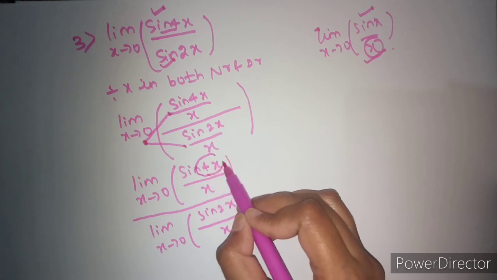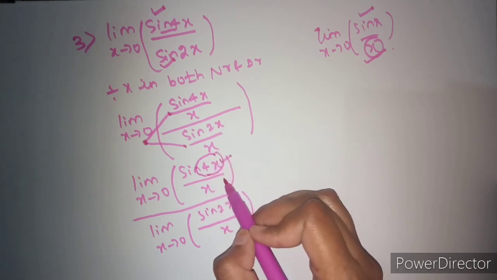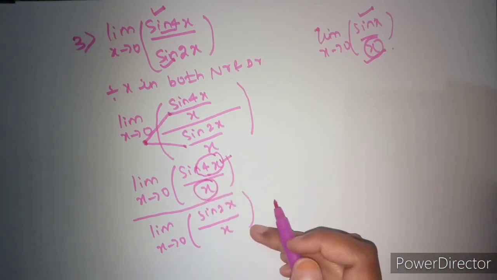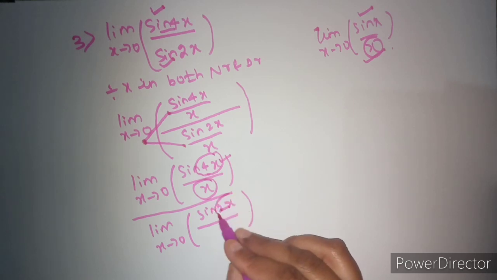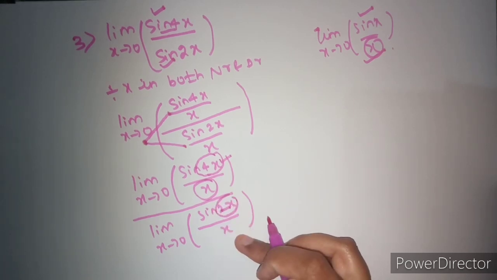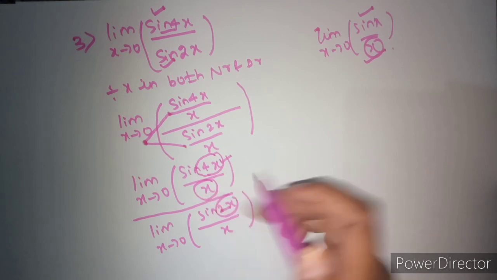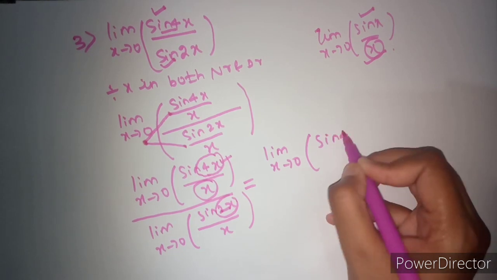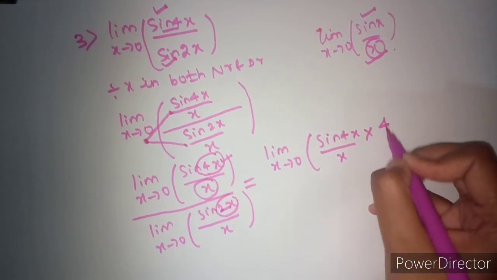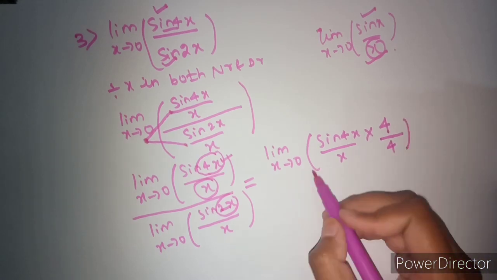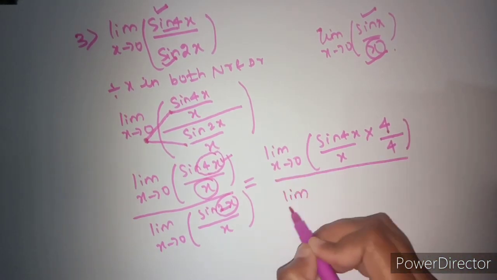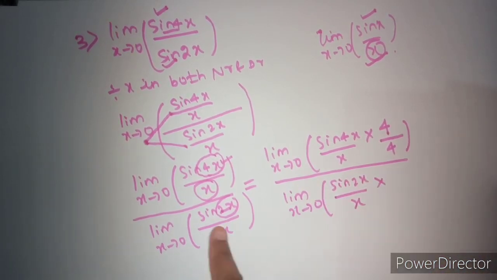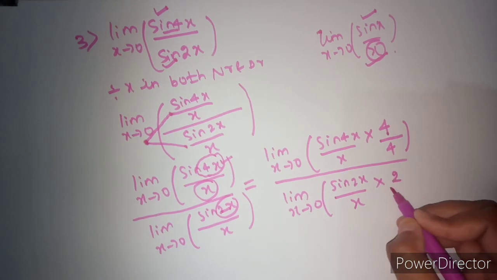So here we have 4x as the angle in the numerator and in the denominator also we need 4x, right? Likewise here we have the angle 2x, in the denominator we need 2x. So what I am doing, I am multiplying this one by 4 and dividing by 4. Again limit x tends to 0, sin 2x by x. Here we need 2x, right? So I am multiplying by 2 and dividing by 2.